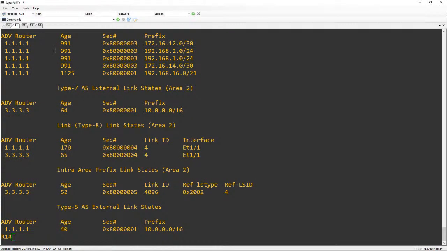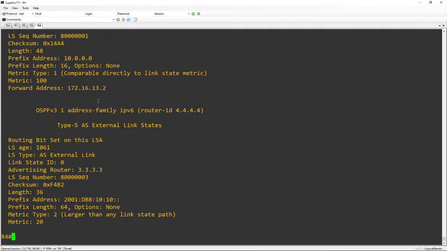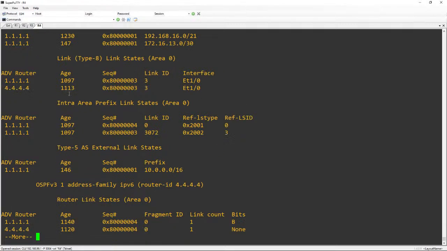Let's do it on router 4 since that's what we've been doing for the most part, looking at everything on router 4. So going to type 8, you can see that router 1 is generating them, router 4 is generating them. Remember, these type 8s are link local scope. So if I had other routers in area 0, but they were maybe on a serial link or on a different broadcast domain, I would not have type 8s from those other peers.